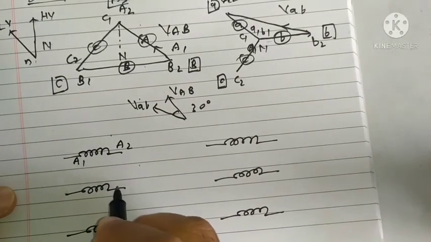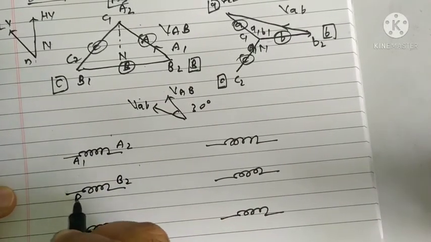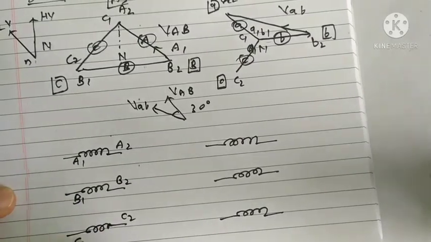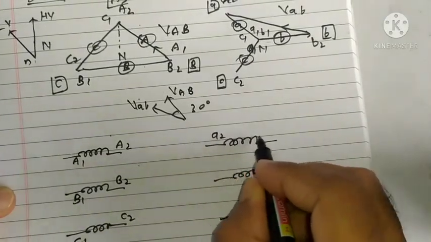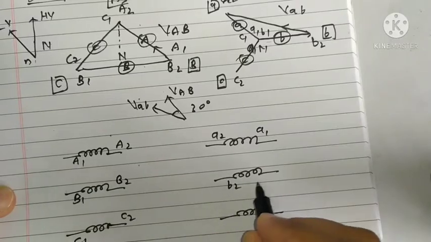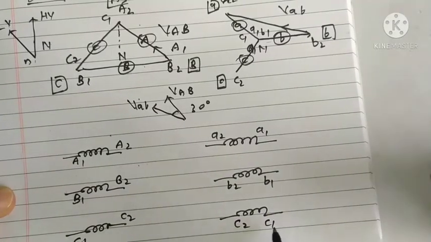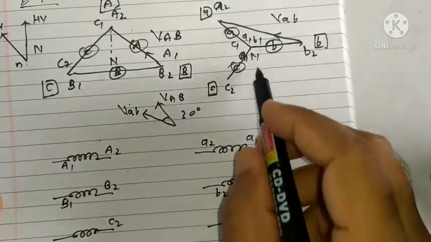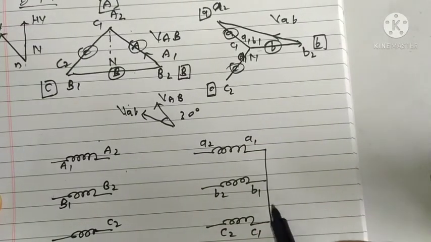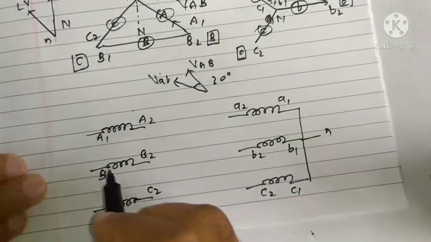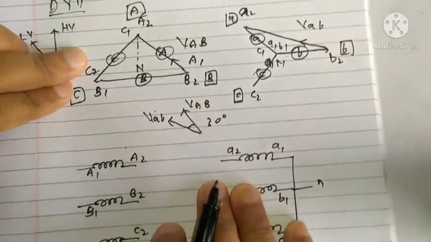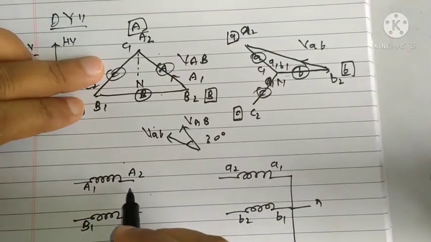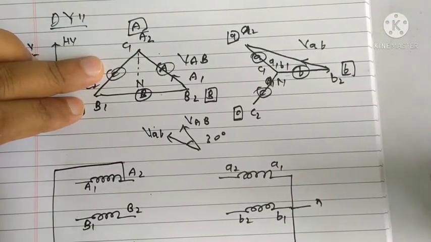A2 A1, B2 B1, C2 C1, A2 A1, B2 B1, C2 C1. LV side A1 B1 C1 are shorted, so it will become neutral, and in the HV side A2 is connected to C1.